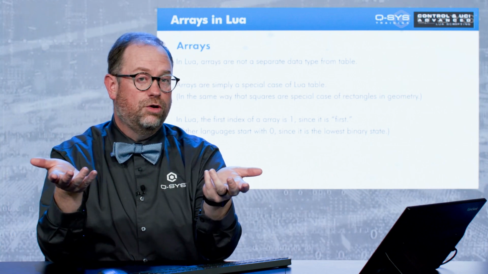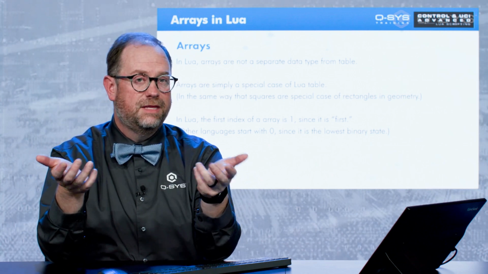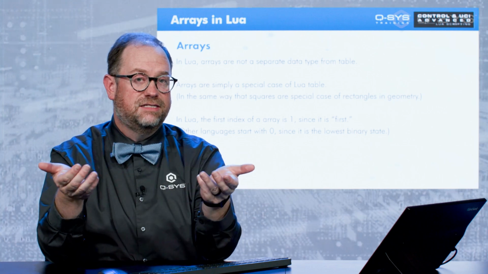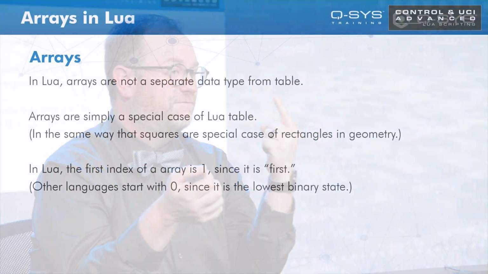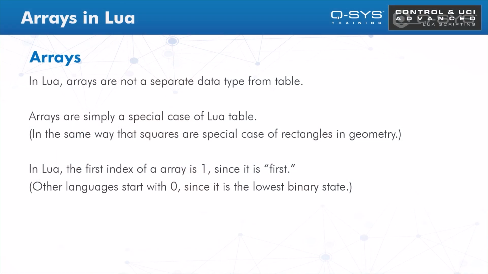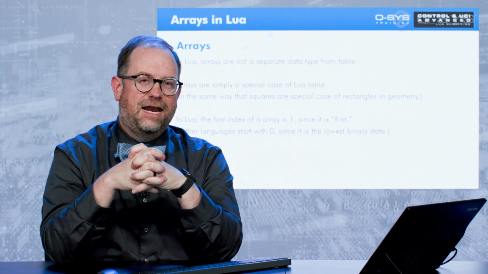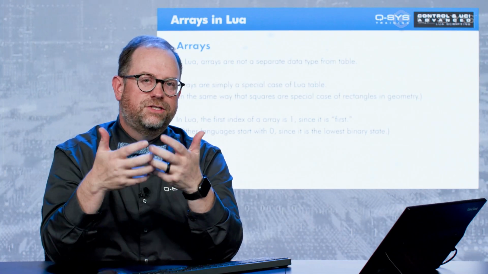What does it mean to be an array in Lua? It means simply this. The keys in the table are sequential integers, starting at the first number. Now, this is actually a point of contention for a lot of people, because Lua counts the same way that my beloved Mima counts. If I were to call Mima up right now and ask her, Mama, what's the first number?